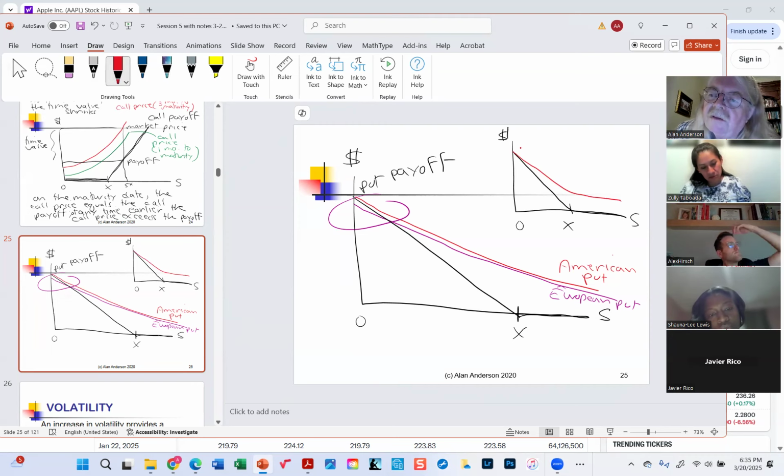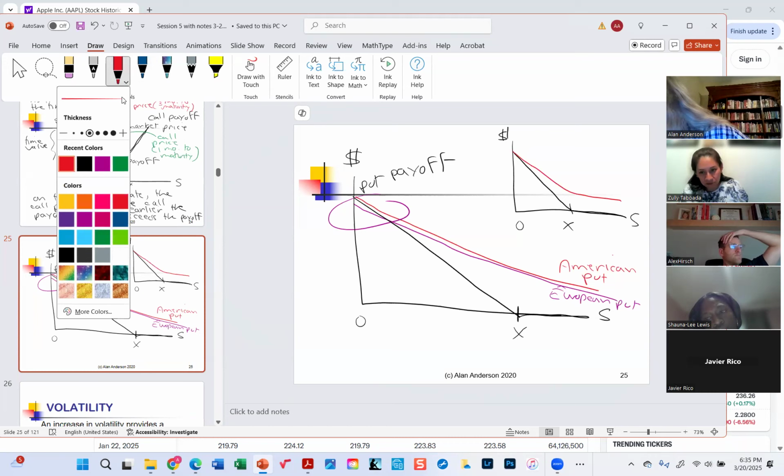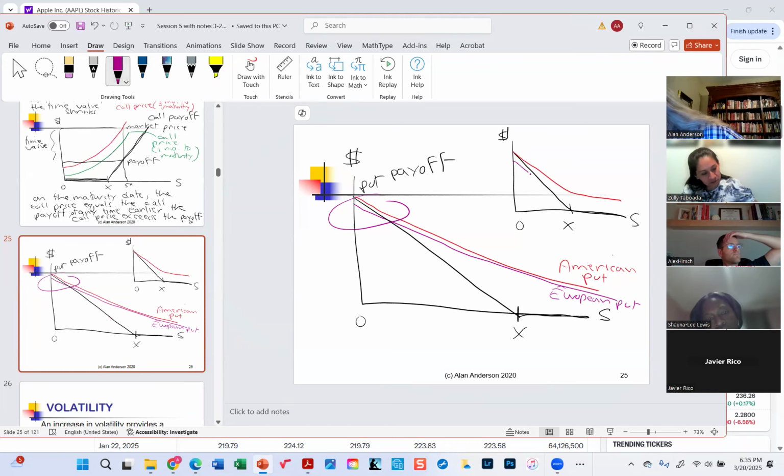If the value of the put does fall below the payoff, we'll just exercise the option early. Okay, so we don't have that privilege with the European put. Now, here you could run into this situation. Down here, the put is deeply in the money.